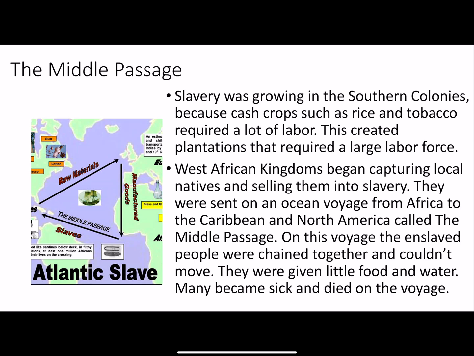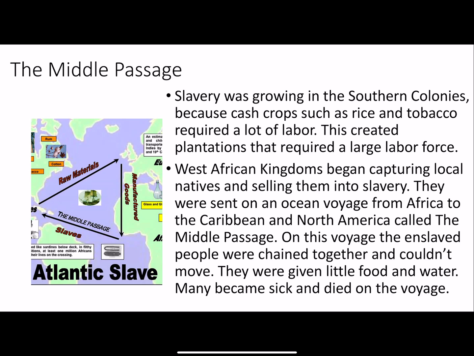On this voyage, the enslaved people were chained together and couldn't move. When they would put them on these ships, they would often chain their legs together, and they would put them in very tight quarters. The Middle Passage was extremely harsh and very brutal. Lots of people died. They were given very little food and water, and many became sick and died on the voyage.